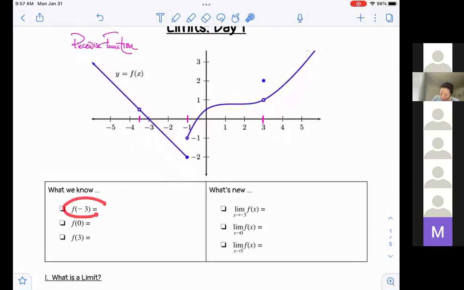Okay. And so let's take a look at these what we know questions. I'm going to ask us to focus on this first one right here. It says f(-3). Can someone say what that is asking us for? Not what the answer is, but what is that question asking us to find? When -3 is plugged in as x, what is y?